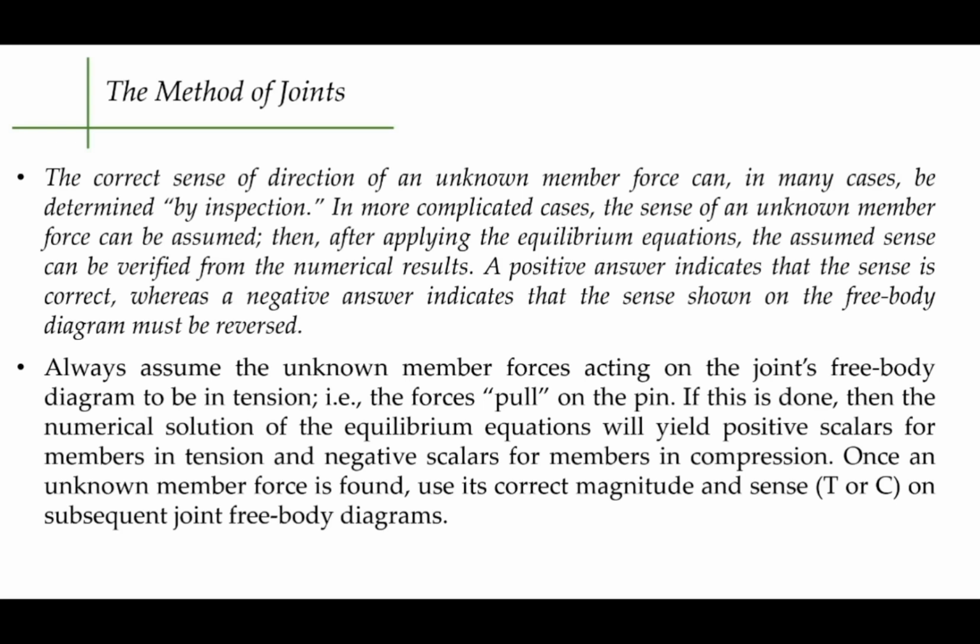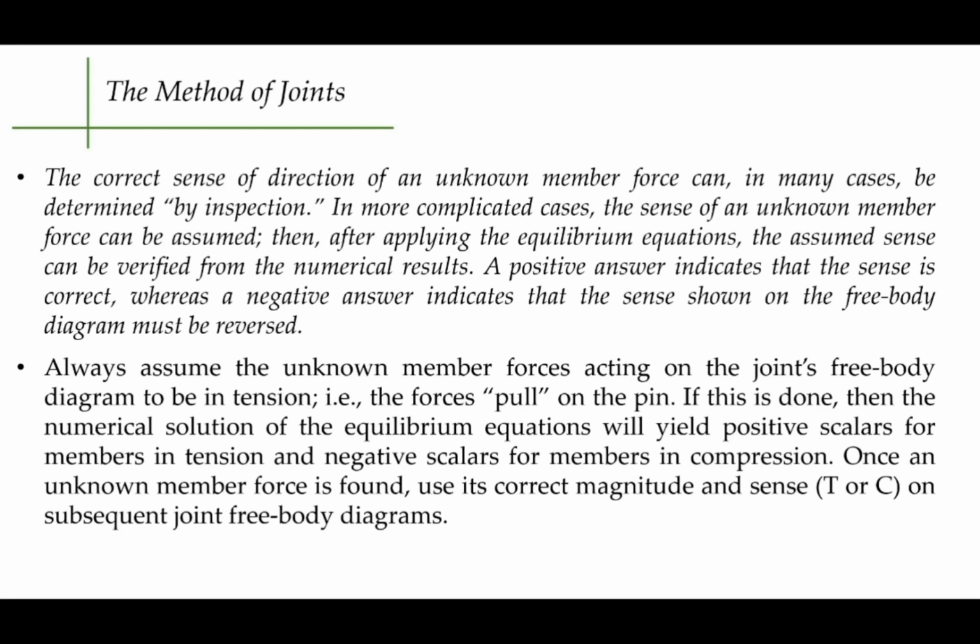That's the safest way to do it. If this is done, then the numerical solution of the equilibrium equations will yield a positive scalar for members in tension. Simply put, your assumption is correct. And negative scalars for members in compression.